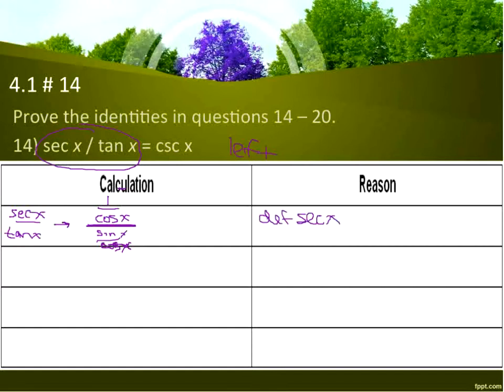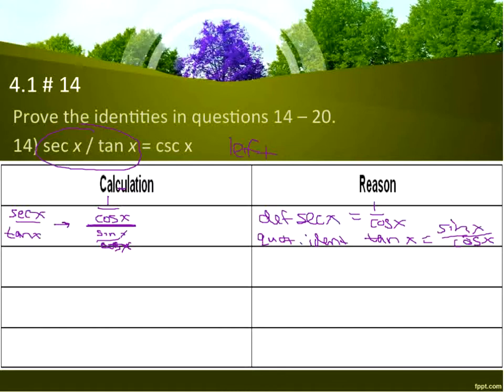Well, it's the definition of secant, and it's the definition of tangent. Or we could say quotient identity, either one. Quotient identity, tan x equals sine over cosine. Okay, so that's step number 1.